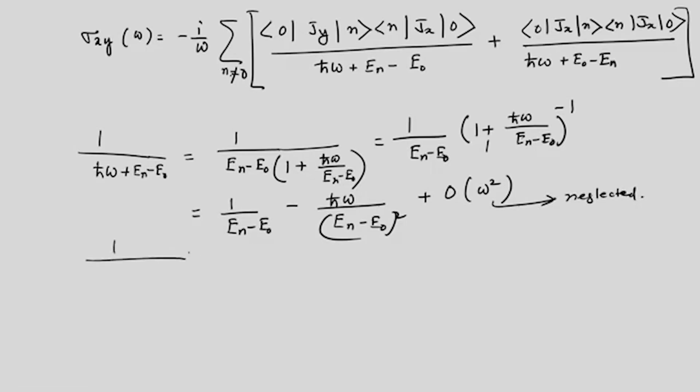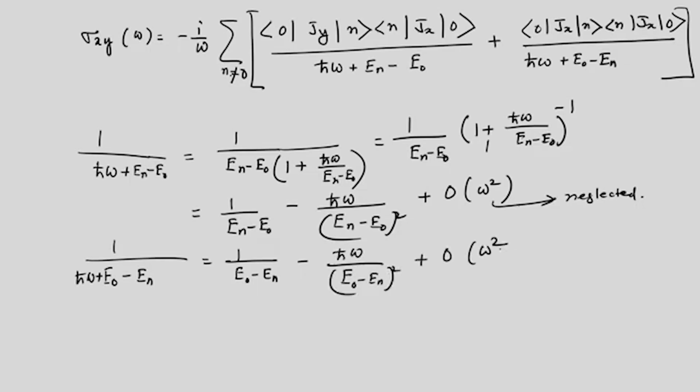Similarly, you do that for the other term, the second term inside the square bracket, which is ħω plus E_0 minus E_n, and this will be like E_0 minus E_n and a minus ħω divided by E_0 minus E_n whole square, plus order of omega square, which again can be neglected.